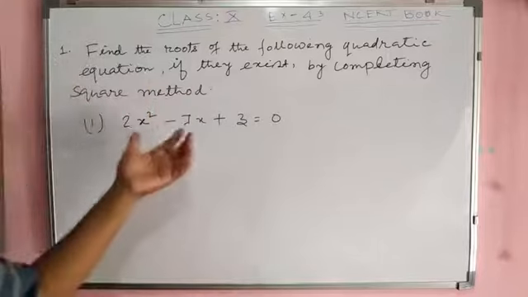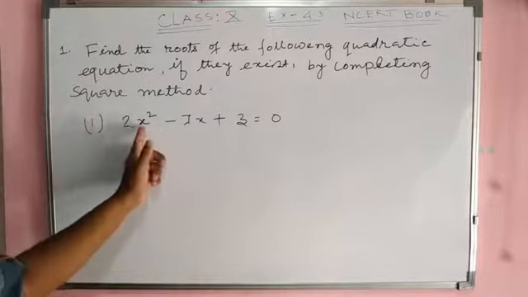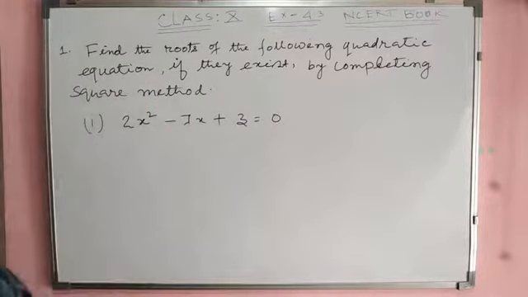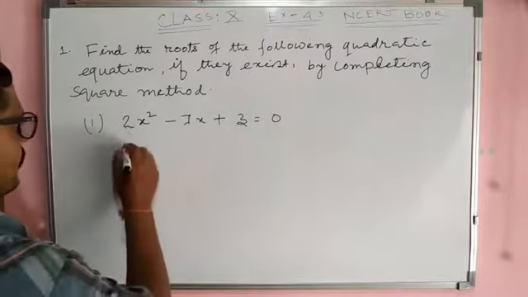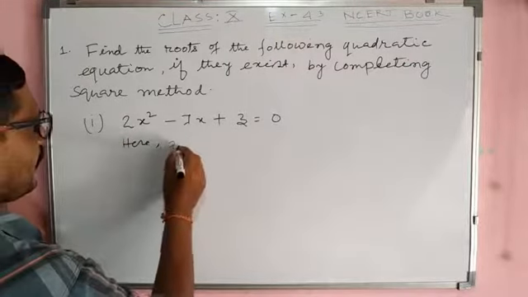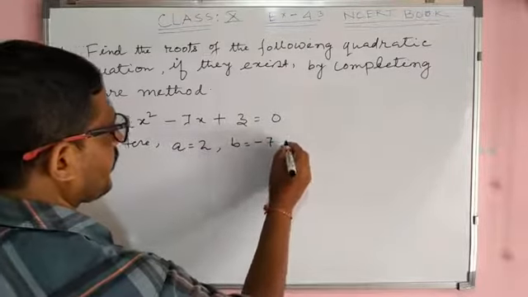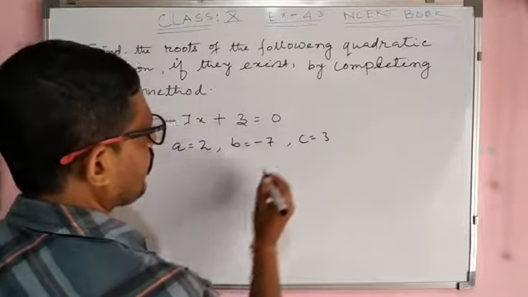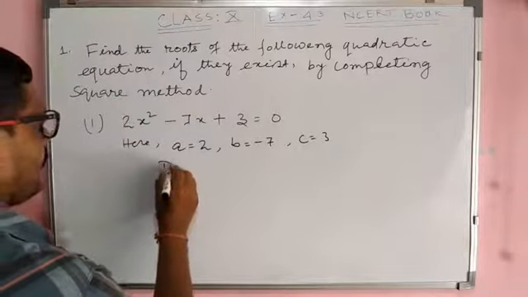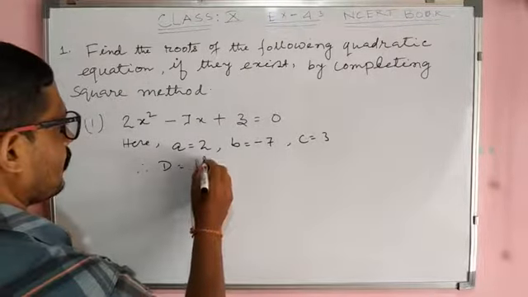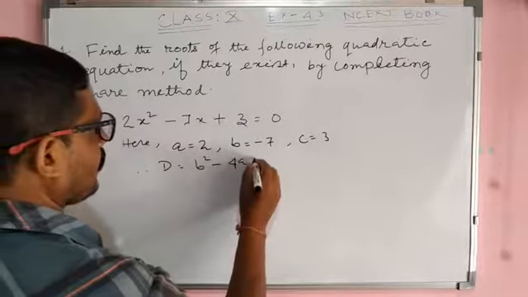So here you see the equation is already in standard form, 2x square minus 7x plus 3 equal to 0. So here a equal to 2, b equal to minus 7 and c equal to 3. Therefore D equal to b square minus 4ac.